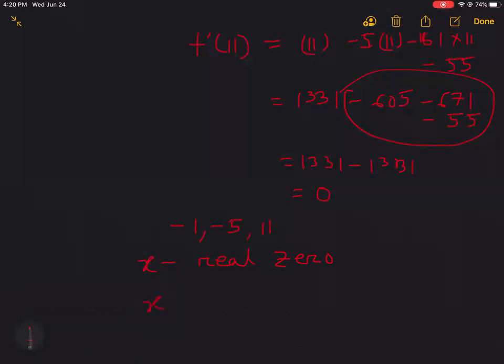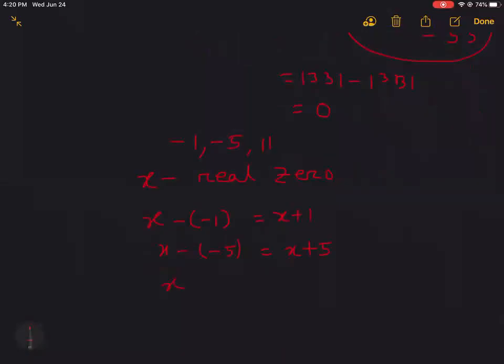So our factors will be x plus 1, x plus 5, and x minus 11. This will be our factors. Okay.